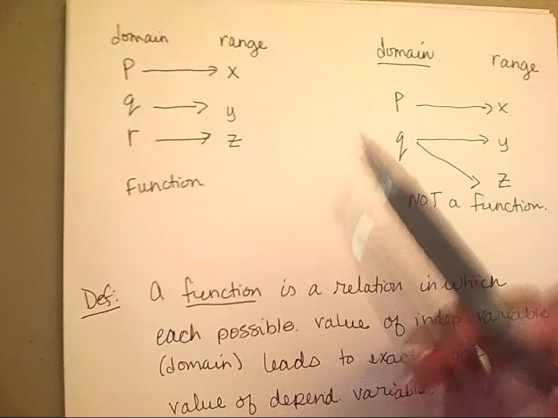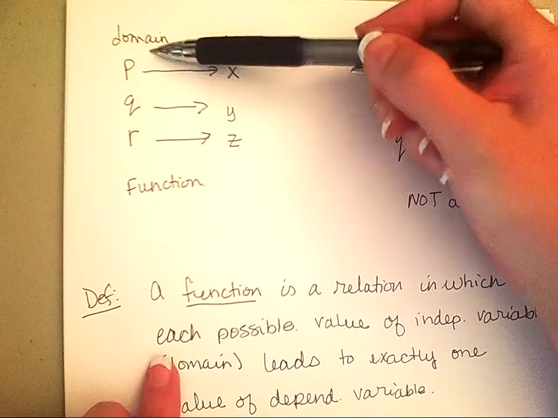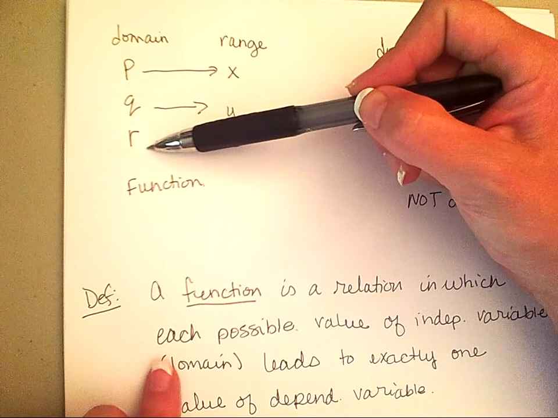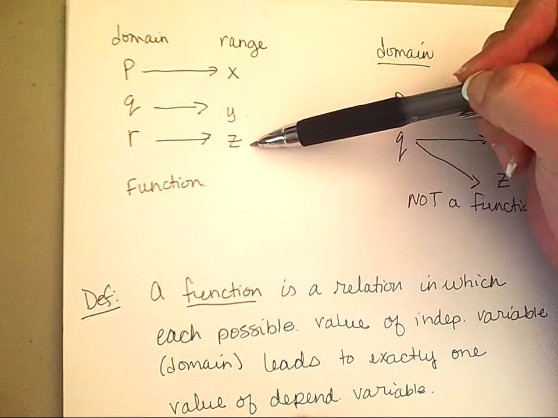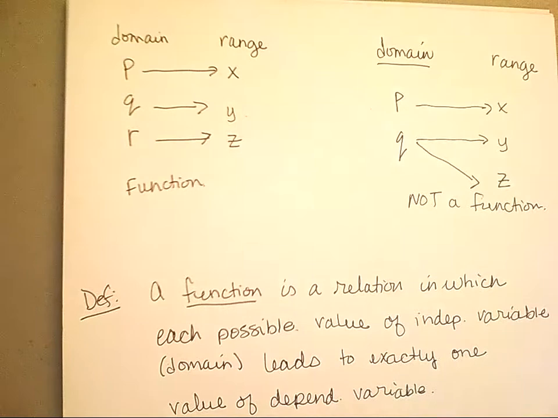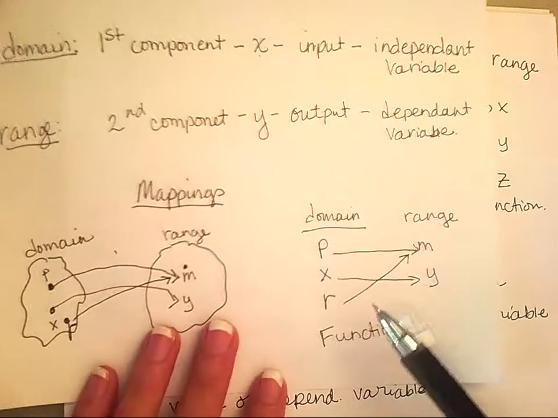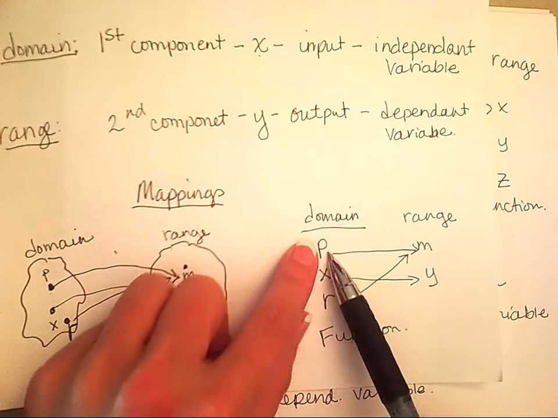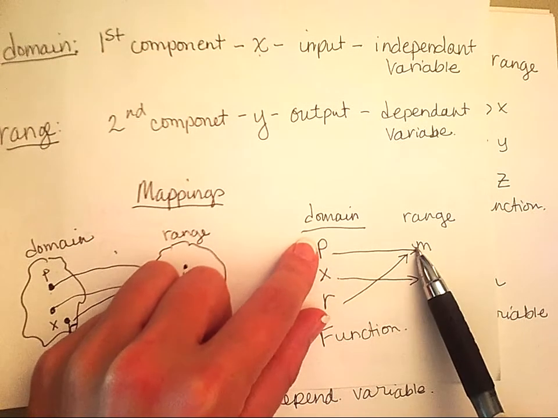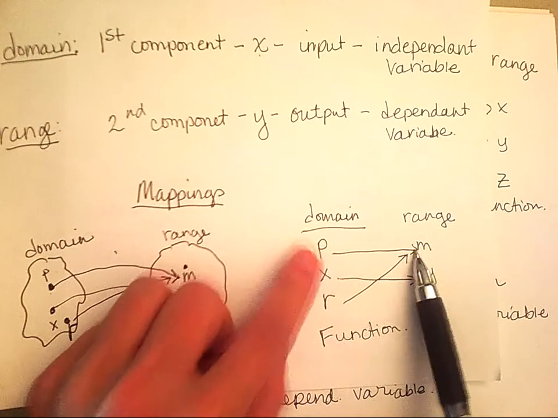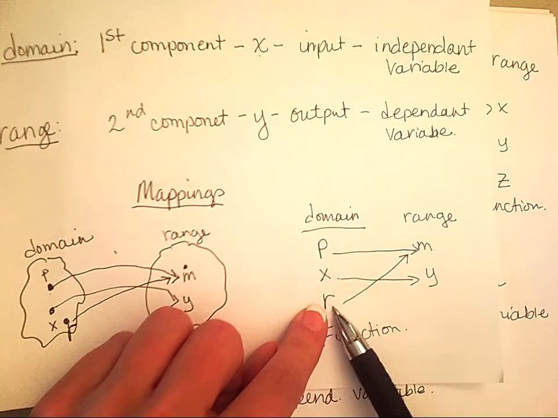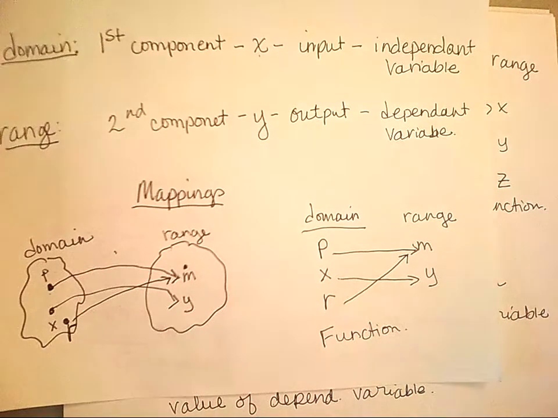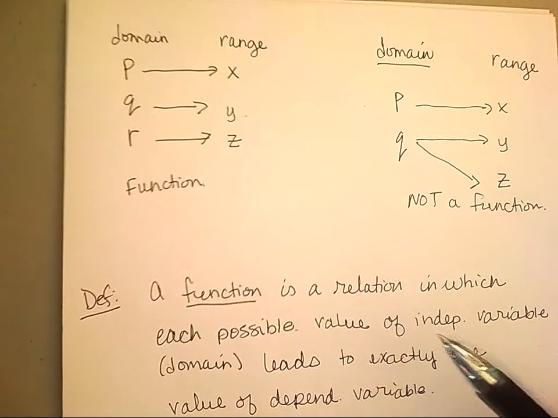So in this case, we have that. Here are our values of the independent variable, and they go to exactly one value of the dependent. We also have that in this case. While both P and R go to M, P only goes to M, and R only goes to M. So for each value in the domain, it goes to only one value in the range.